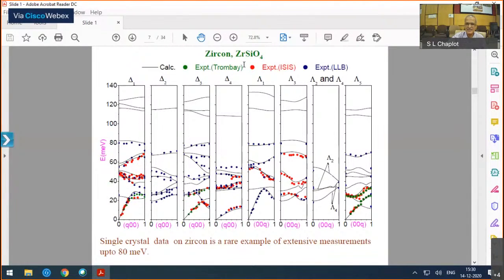It's a body-centered tetragonal structure, and the large number of phonons you have can be divided amongst various group theoretical classifications. So you are probably familiar that in Raman scattering, the modes are assigned as, for example, Ag, Au, or so, depending on the symmetry.